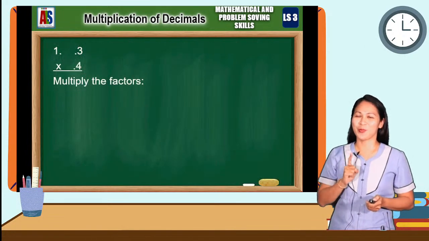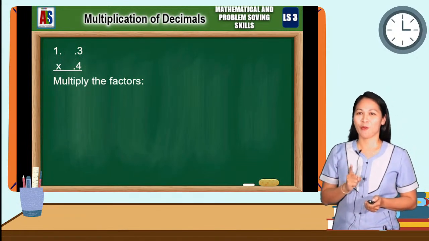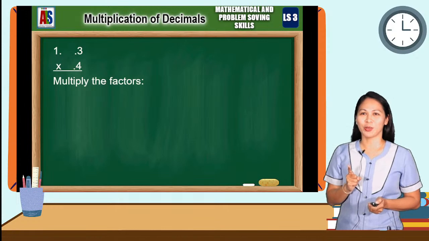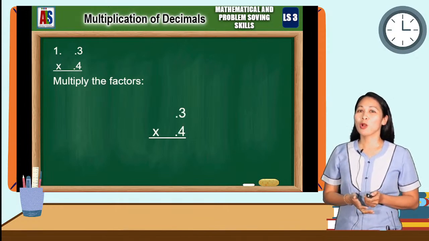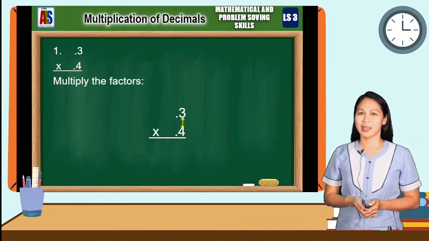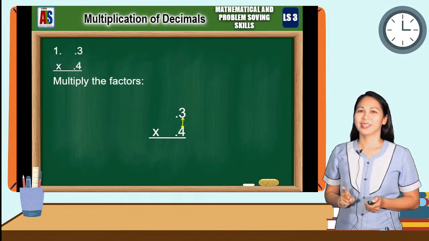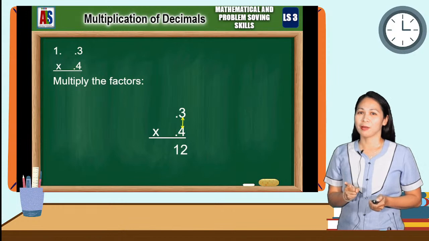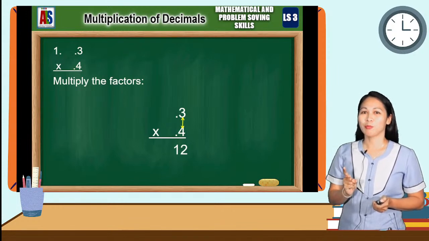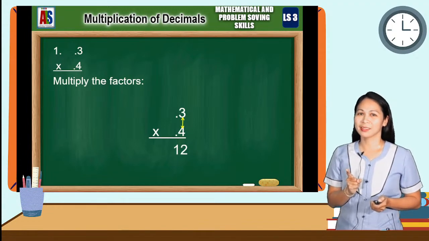Let's solve number 1. 0.3 times 0.4. Using the short method, let's multiply the factors. When you multiply 4 times 3, that is equal to 12. Okay. So after computing the final product, put the decimal point by counting the decimal places of the factors.